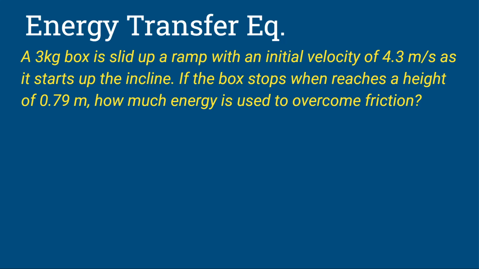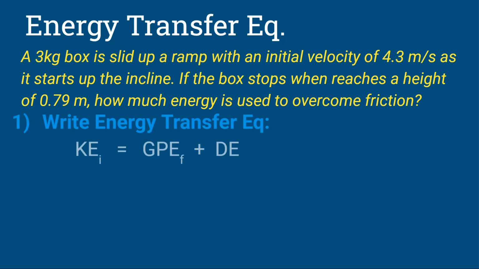I know at the end I have height, but I'm no longer moving. So I know I'm going to go from kinetic energy to gravitational potential energy, but I also know that this question is implying that there might be work happening. And so I'm going to include it in my equation, and it's entirely possible that I'm going to have these equal to each other.